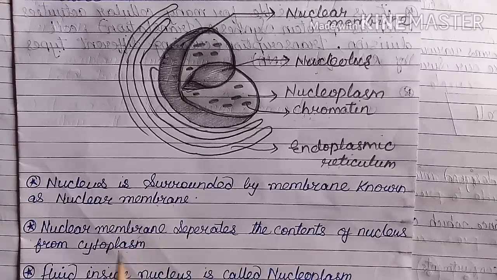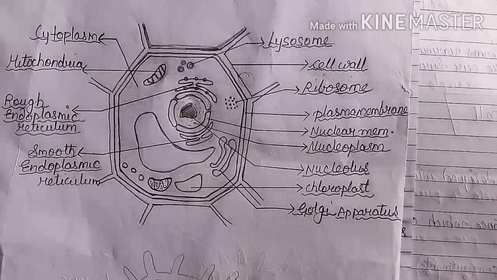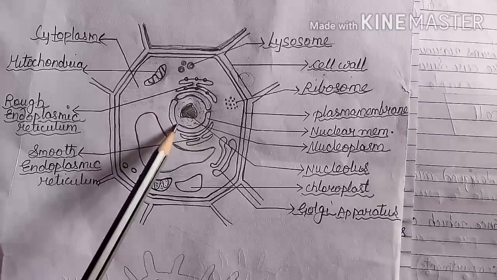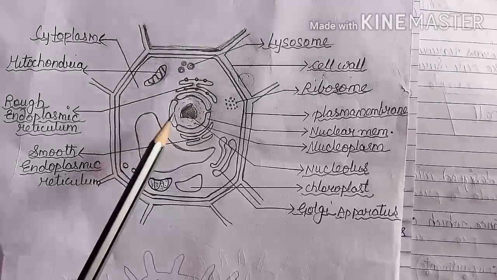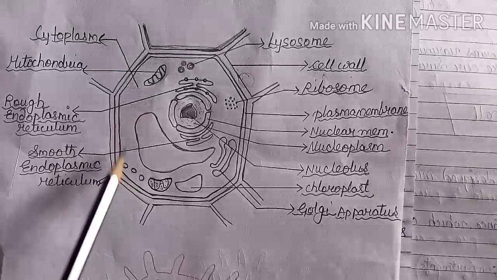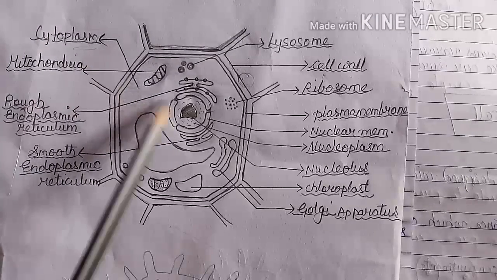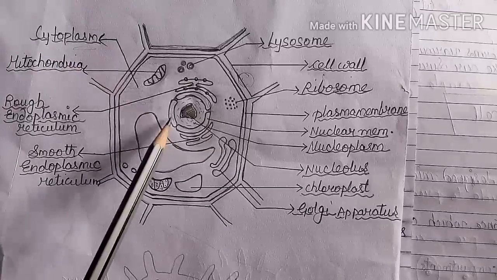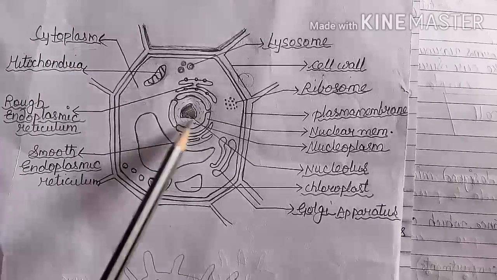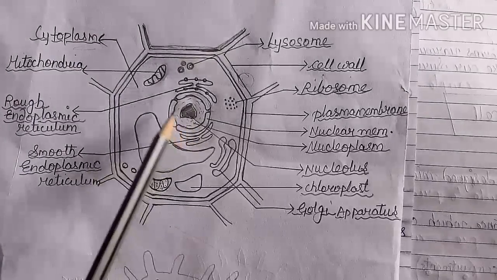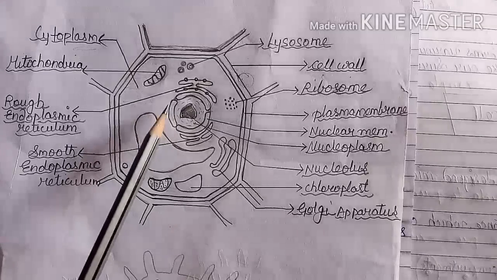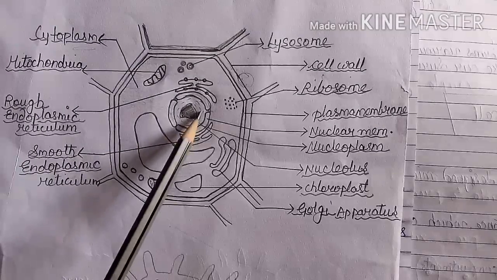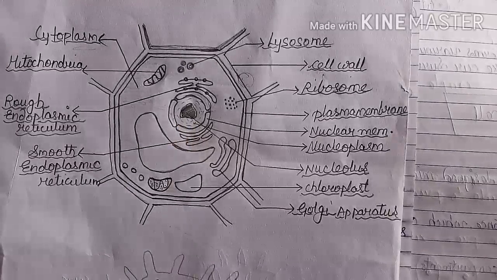This is the nucleus and this is the nuclear membrane, and outside this there is cytoplasm. This fluid-like structure is known as cytoplasm. So the nuclear membrane acts as a barrier between the cytoplasm and the contents of the nucleus.